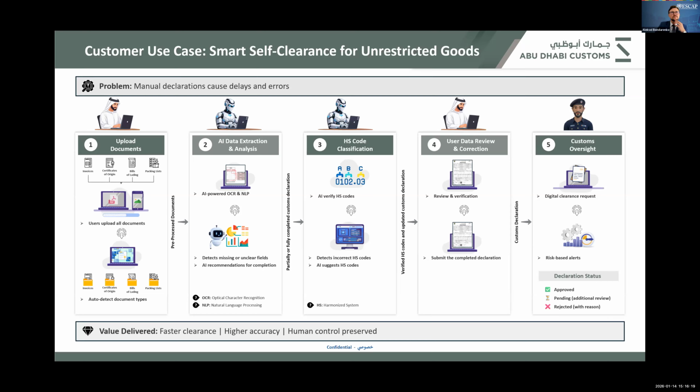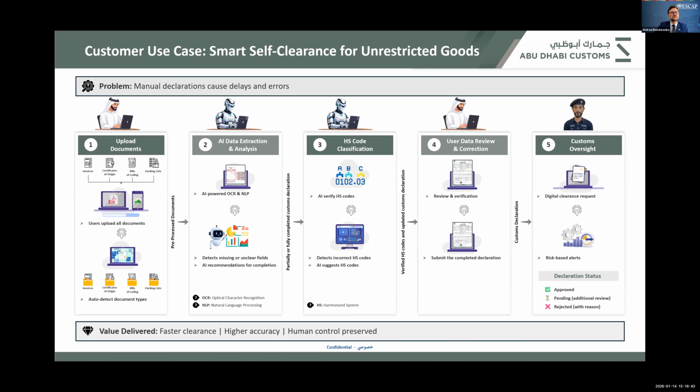The system in the back end will start reading and extracting, using OCR, the fields that need to be filled, mandatory and optional depending on the availability of the optional information, and make it ready for the customer to review.